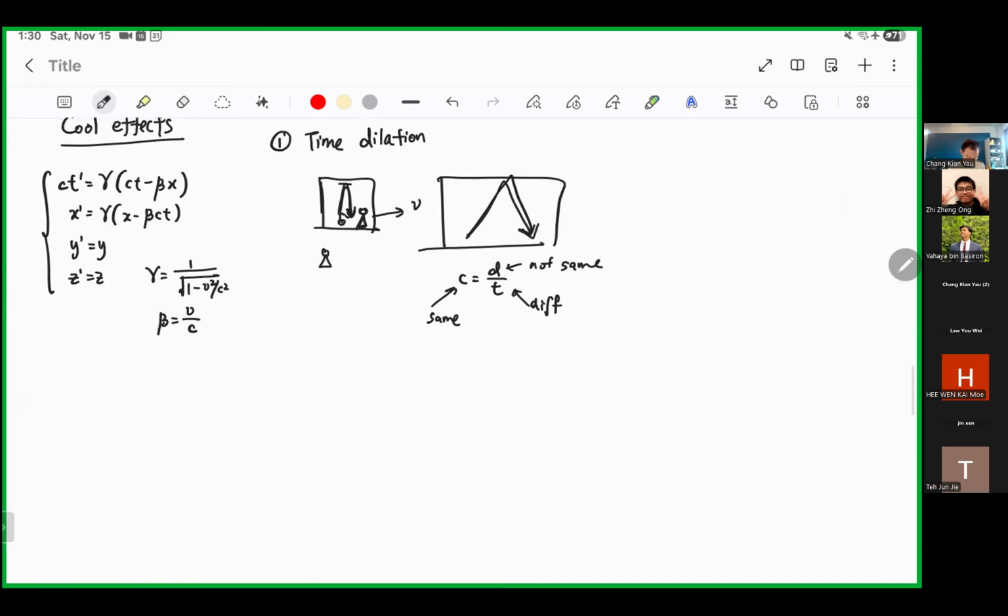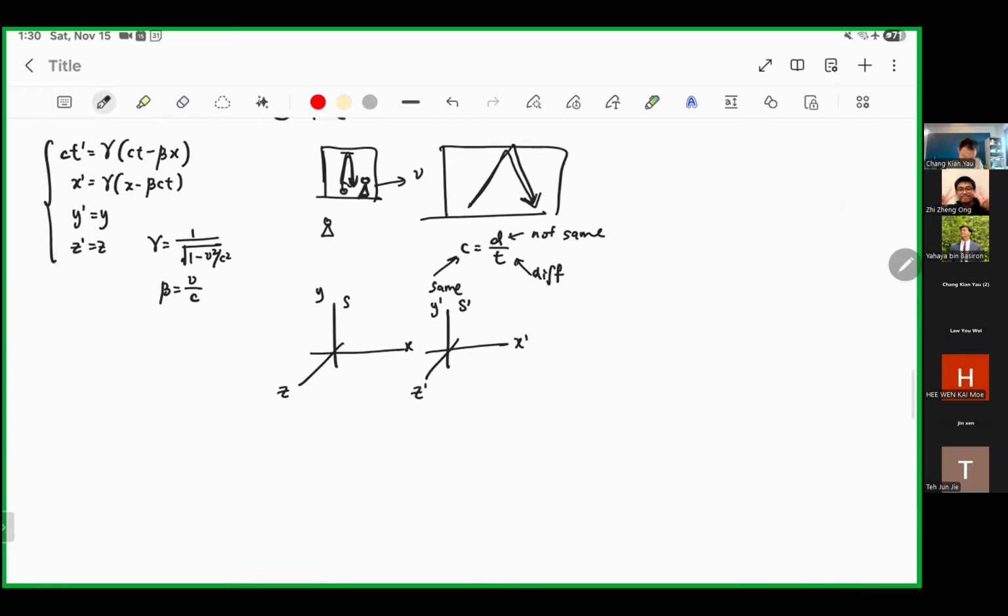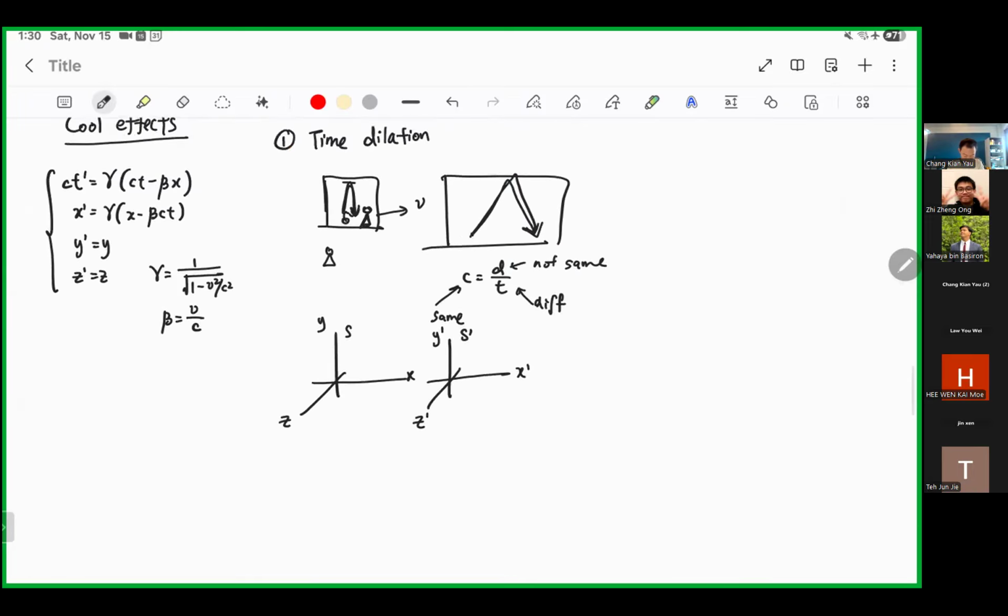And how we do that is basically just think of it this way. So I have two frames and the same thing. I'll be drawing this diagram a lot, but all right, it's fine. Y prime, X prime. Time dilation is basically a special case of the Lorentz transformation when X prime equals 0.